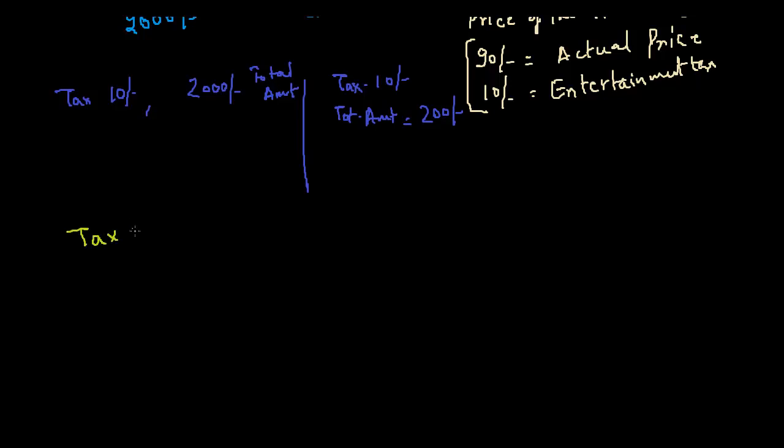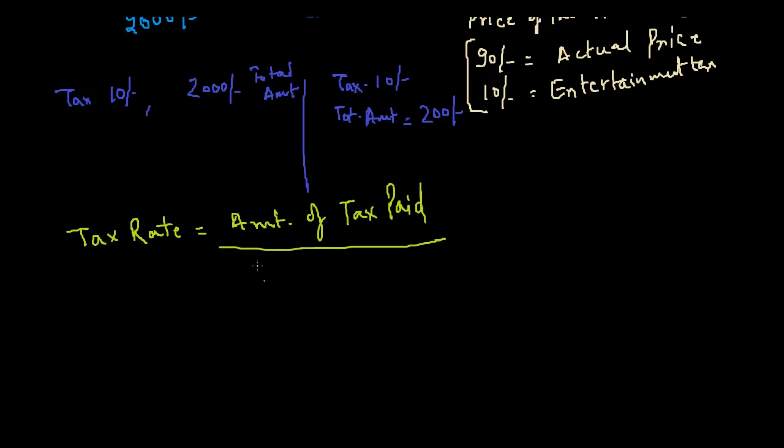My tax rate is equal to the amount of tax paid upon the total amount you have, into 100. Now by this formula, let us calculate the amount of tax that both of them have paid. Let's see the case of Saloni first.